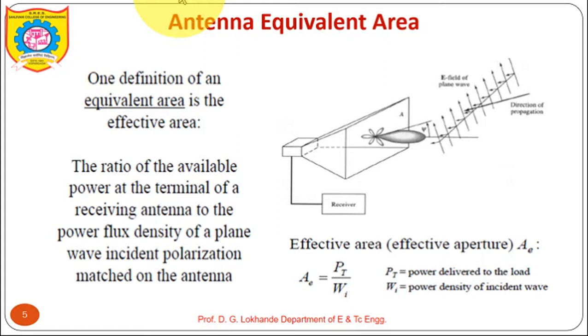That's why here we observe the effective aperture area of the antenna. So AE is equal to PT upon WI, where PT is the power delivered to the load and WI is the power density of the incident wave for the specified antenna.